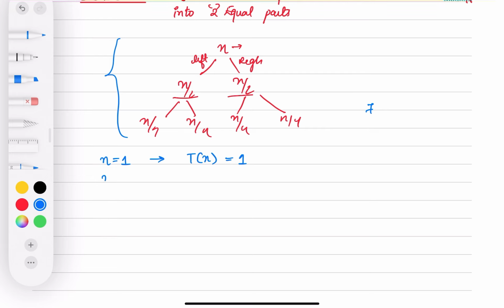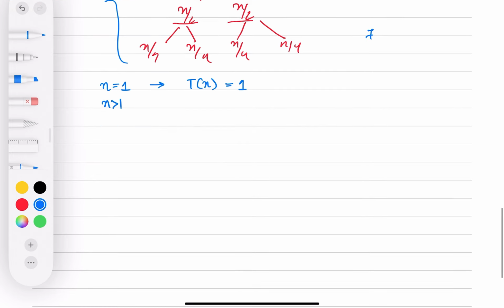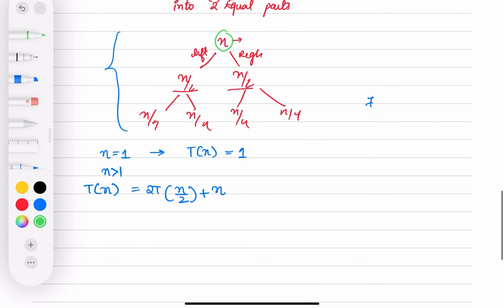But if n is greater than 1, in that case, this T of n becomes 2T(n/2) plus n. Now why? When you are dividing n integers into n by 2, then only the best case occurs.